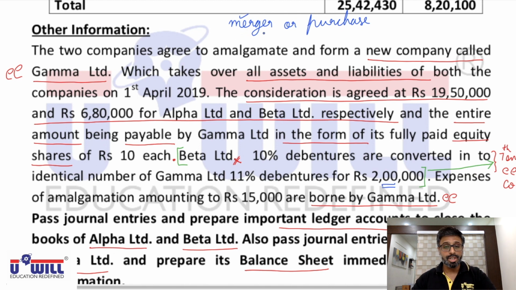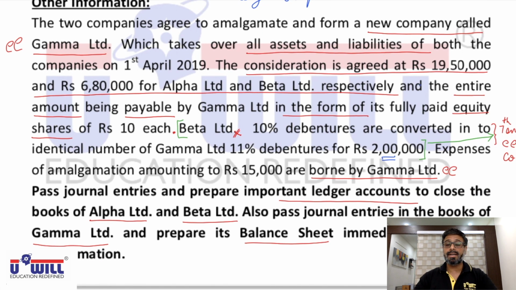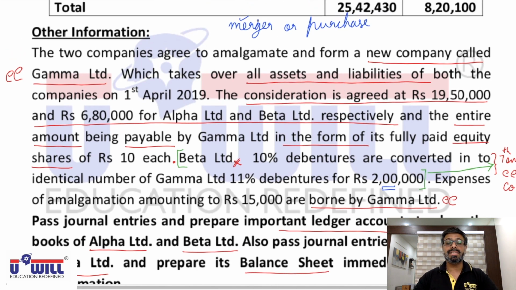And third condition of merger, entire purchase consideration should be settled in the form of equity shares. You all can see here, I made you underline, entire amount payable in the form of equity shares. Third condition is also satisfied. So it is amalgamation in the nature of merger. It is not purchase.